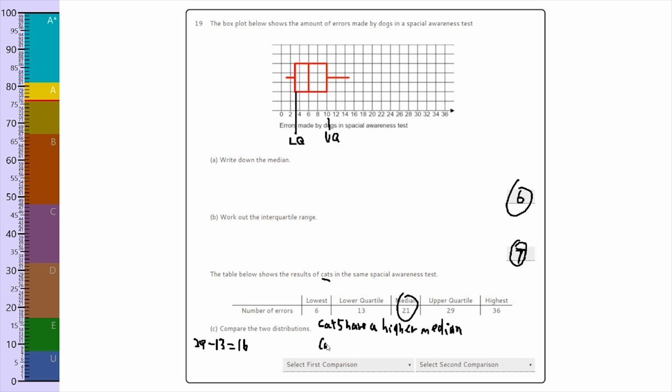So cats have a higher interquartile range. Again, this pen hates going this low. Right, and that's it. That's going to be full marks. So question number 20. Pause the video now, have a go.